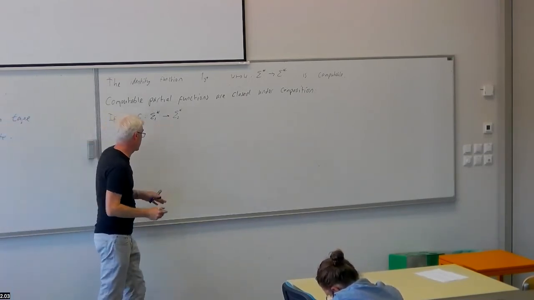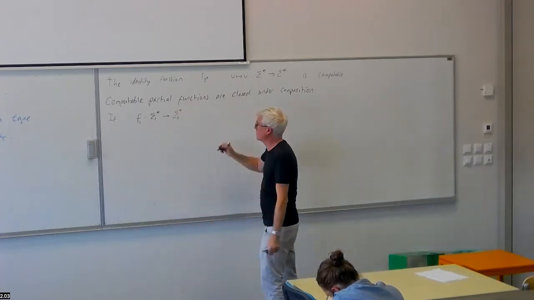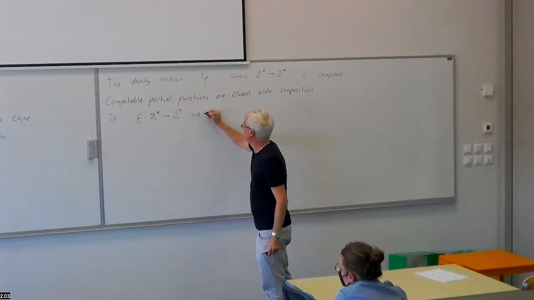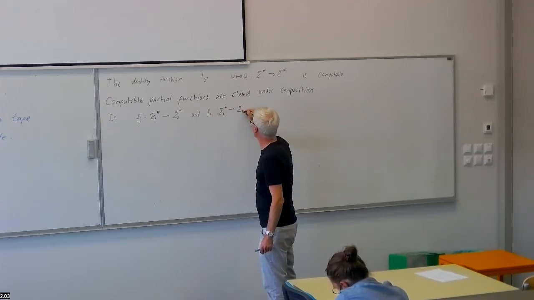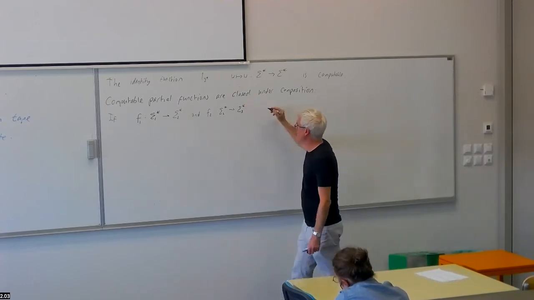So a partial function from words over sigma 1 to words over sigma 2, and we've got another partial function from words over sigma 2 to words over sigma 3. And they're both computable.